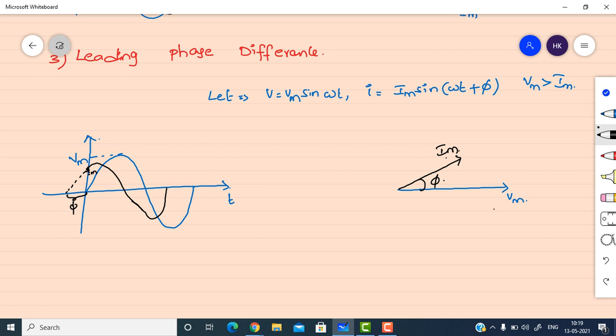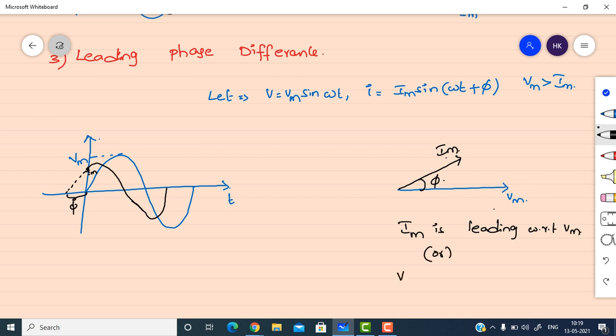Or you can say it in another way also: voltage is lagging with respect to the current. Do you understand this one? Im is leading. If you take the reference as Vm, with respect to Vm, Im is leading.